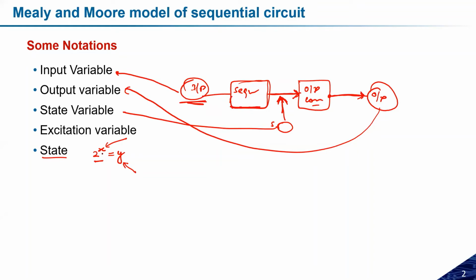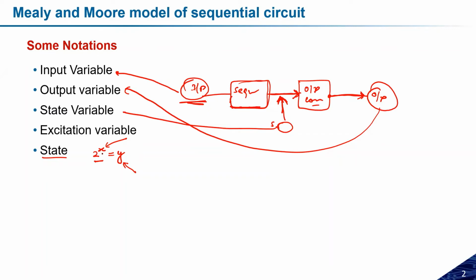The state is nothing but the content of the memory. Whatever the content of the memory is, like, suppose I have one flip-flop. In one flip-flop I can have two kinds of content. Either it can store 0 or it can store 1, if I'm considering only Q. If I have two flip-flops, one flip-flop can store 0 and the second one can store 0, one can store 0 and the second can store 1, and vice versa.